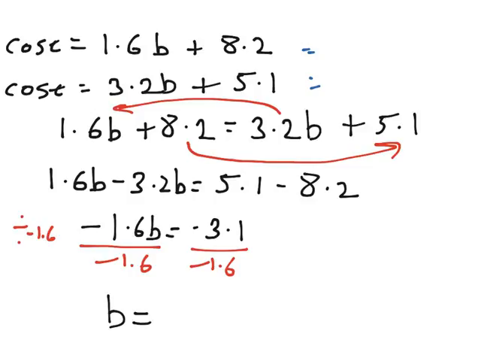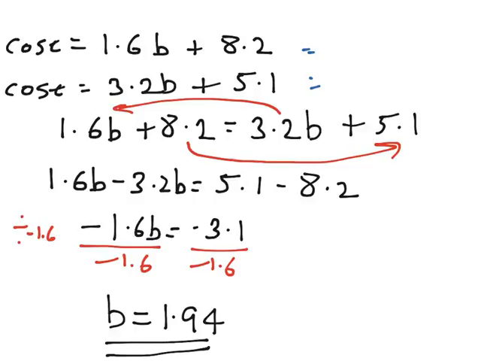And then negative 3.1 divided by negative 1.6, so we should get a positive answer. And maybe we get 1.94. That's close enough. And that's great. So that's the value of b with the two things equal.